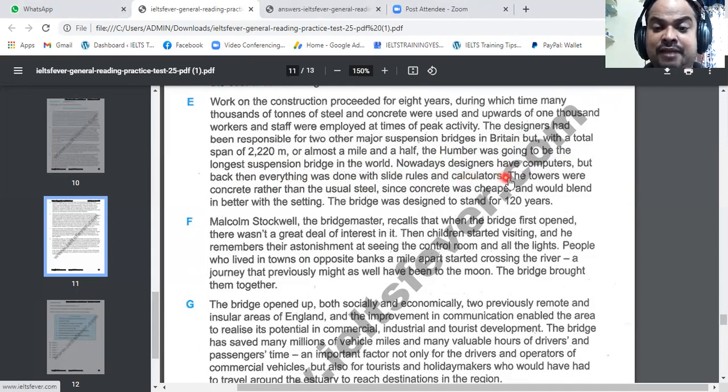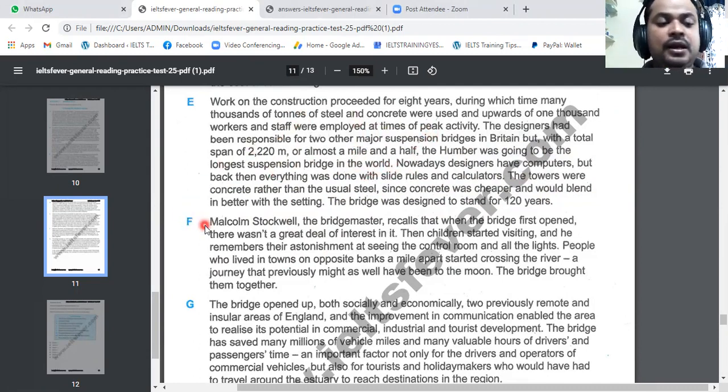Nowadays, designers have computers, but back then everything was done with slide rules and calculators. The towers were concrete rather than the usual steel, since concrete was cheaper and would blend in better with the setting. The bridge was designed to stand 120 years. Okay, so it's all about the construction of the bridge.